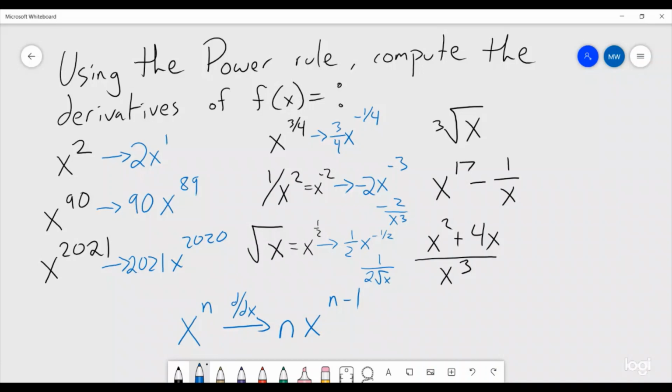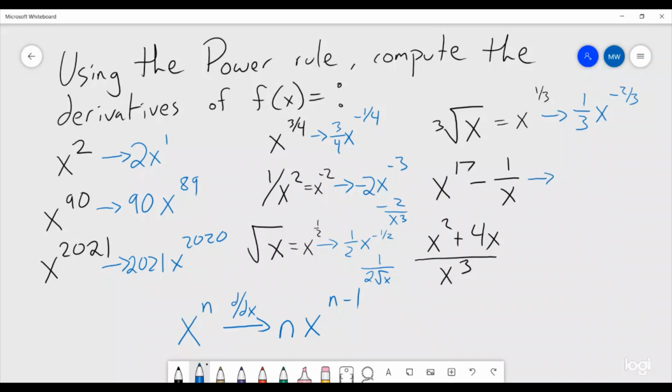The cube root of x is the same thing as x to the 1/3, so that goes to 1/3 x to the negative 2/3. X to the 17 minus 1 over x is just adding two different power rule problems.